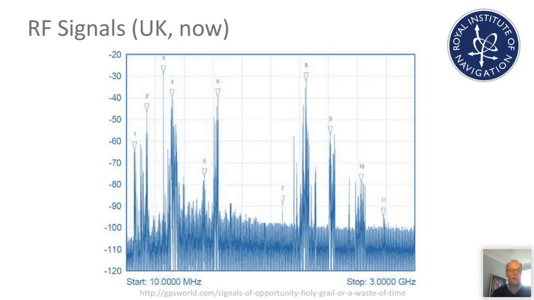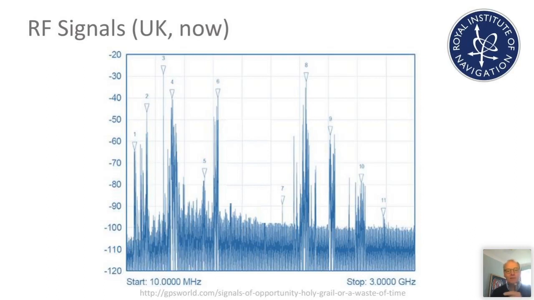Number 4 on the left there, at about 480 megahertz, is digital TV. And just a bit lower than that, number 2 is digital radio. Number 1 is FM radio. So what is it? 88 to 91 FM, Radio 1, is that right? So those are those signals.